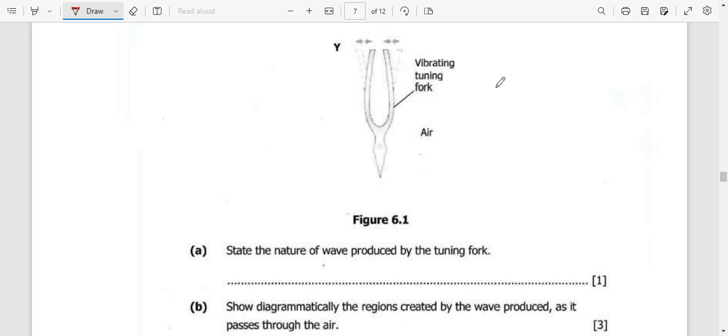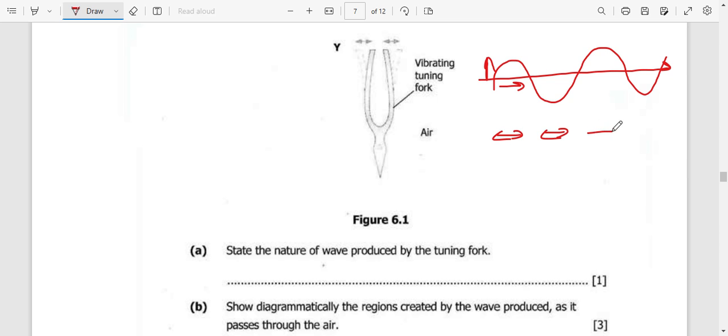Transverse waves are waves which move like this, like water waves, or a spring going up and down. These waves move at 90 degrees to the direction of motion. Then you have got longitudinal waves, which go like this. For longitudinal waves, they have got rarefactions and compressions.